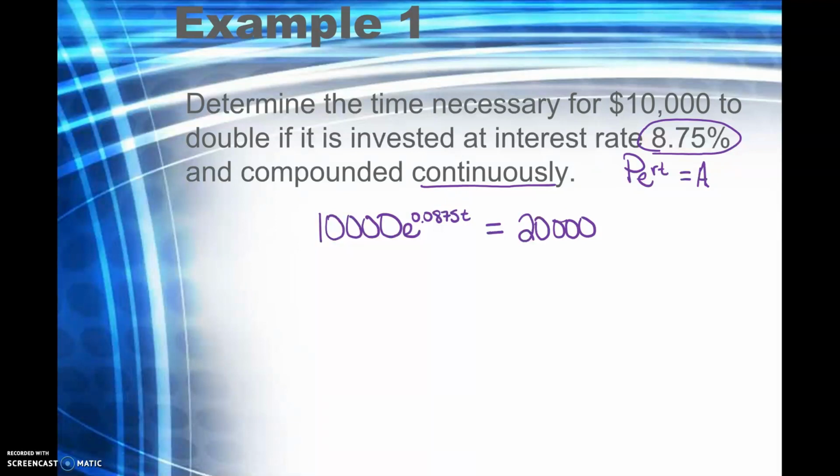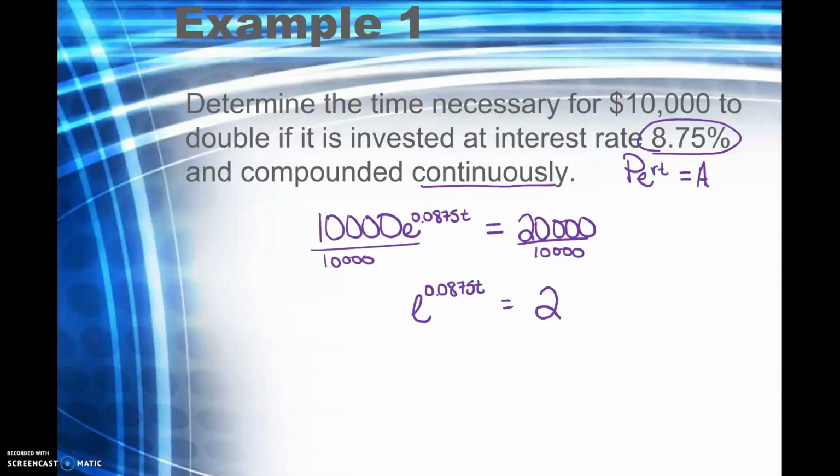Okay, what do we need to do first? Divide by 10,000. And we end up with E to the 0.0875t equaling 2.